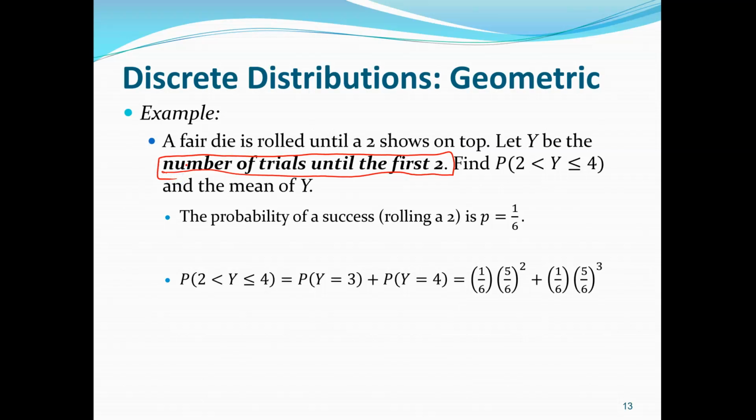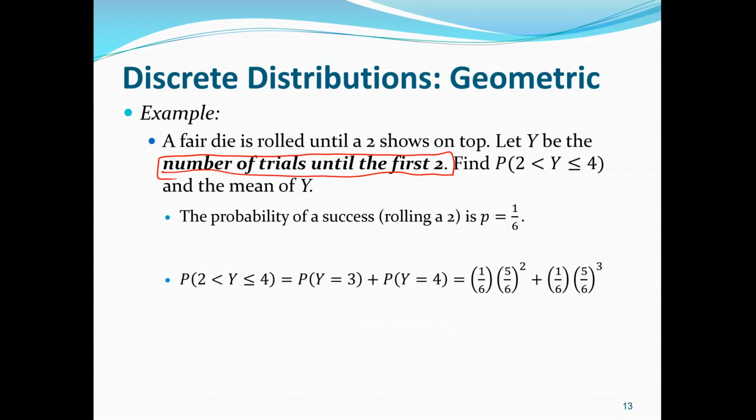So our random variable Y represents all of the trials, including the last one, whereas when we're dealing with the number of failures, the random variable only represented up until the last trial. What are the numbers of trials between 2 and 4, not including 2? Well, that would be either 3 or 4.